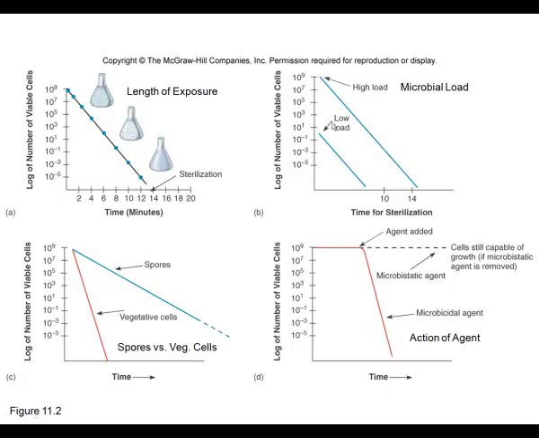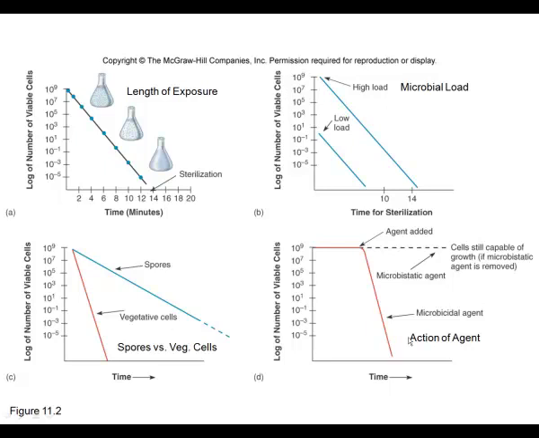Microbial load, obviously, the more bacteria I have, the longer the time it's going to take to reach sterilization or to reach some level of decontamination. The lower number of bacteria I have, obviously, the less amount of time. Spores versus vegetative cells. Those spores are going to live on and on and on, and eventually these vegetative cells I should be able to reach 0 on.